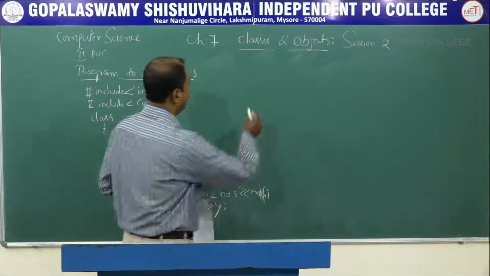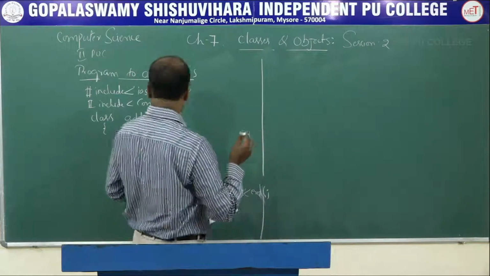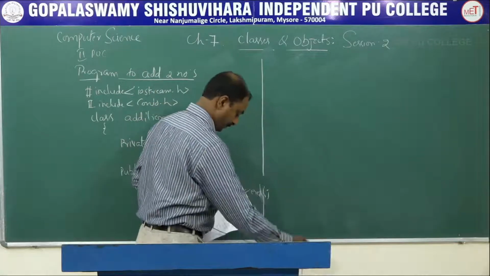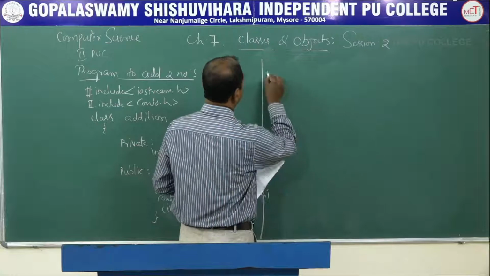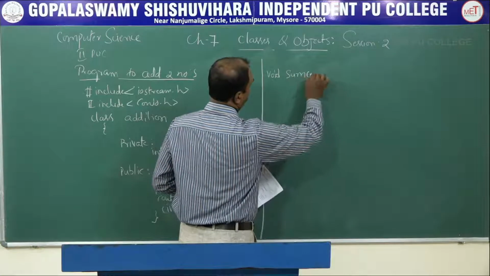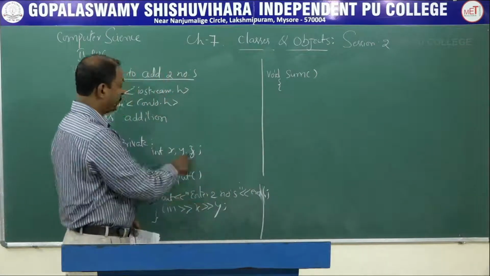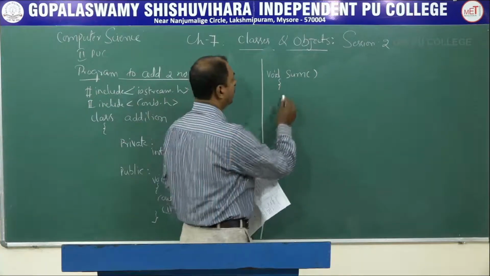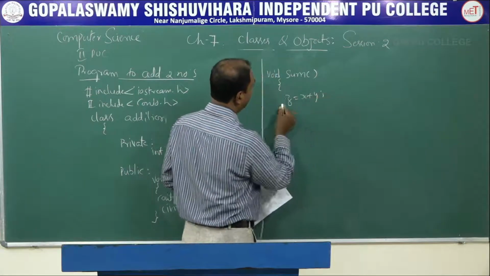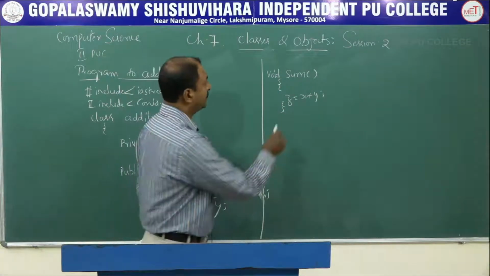Next, I am going to write one more function, that is void sum. I am using this function to add these two numbers. I say z is a variable, z = x + y. I am closing this. This is one function, void sum.